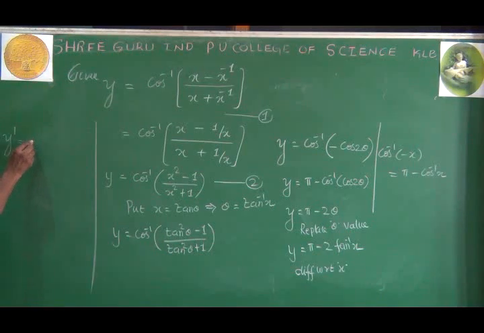Right side: differentiation of pi is 0, because it is a separate constant; then 2 into differentiation of tan inverse x, which is 1 by (1 plus x square). That's overall 2 by (1 plus x square) with negative sign. So now the final answer is y dash equals minus 2 divided by (1 plus x square).